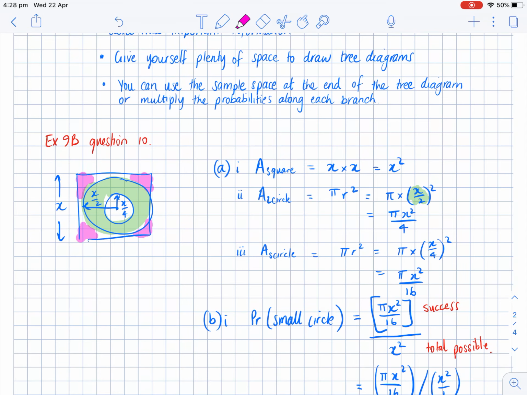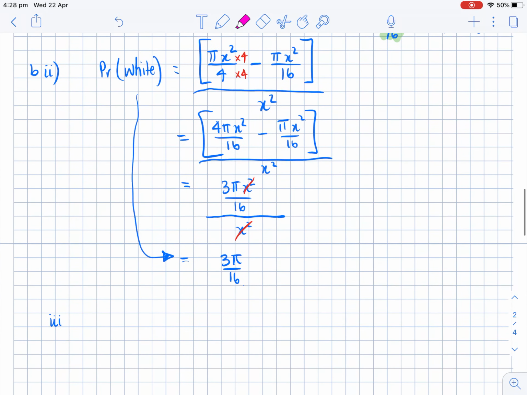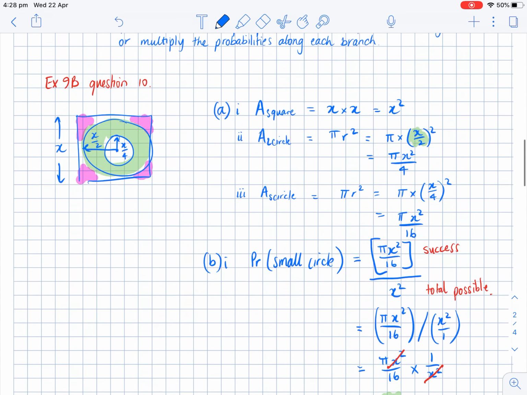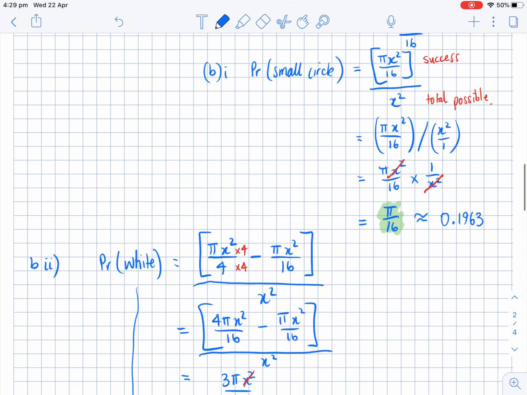And again, if you haven't looked at the diagram in the book, please have a look at the diagram in the book. We use the same process for this one. The whole square is x squared, and then we need to take away the area of the larger circle, which was pi x squared on 4. Okay, that's what we had up the top here earlier. Pi x squared on 4.